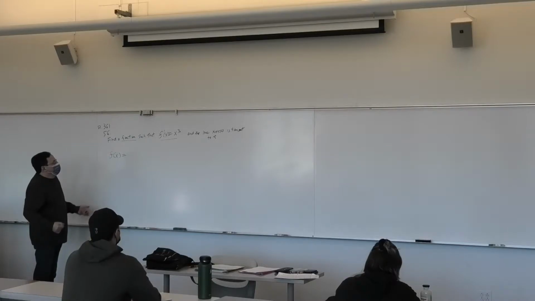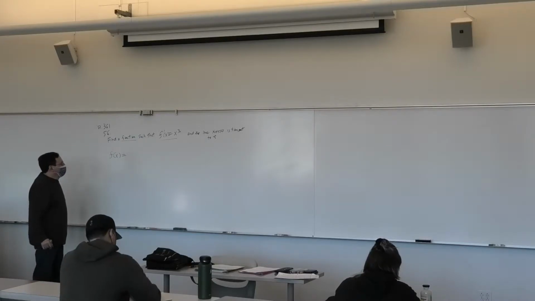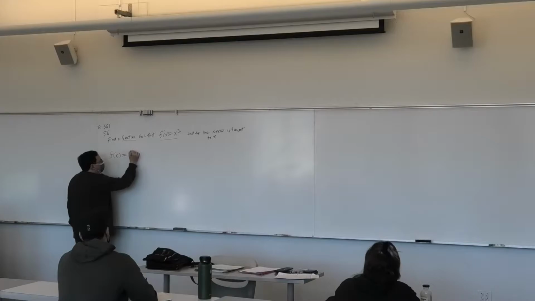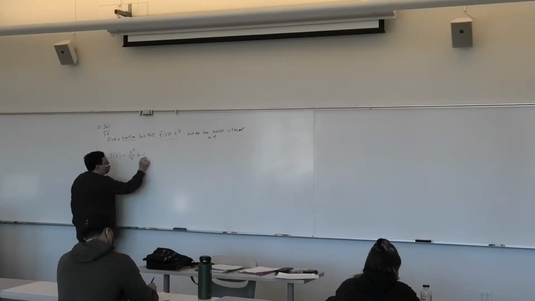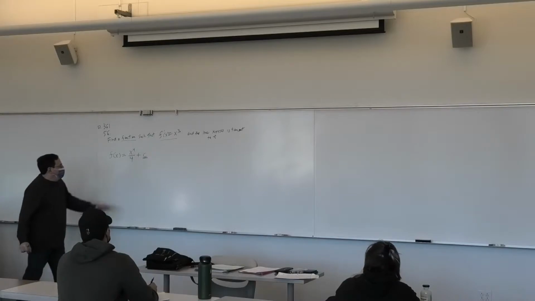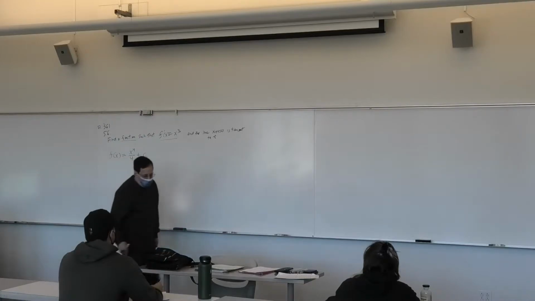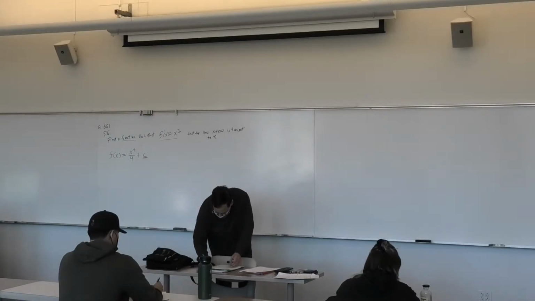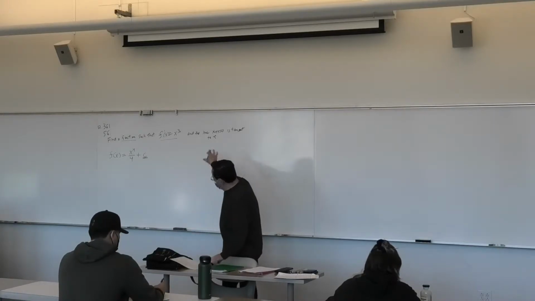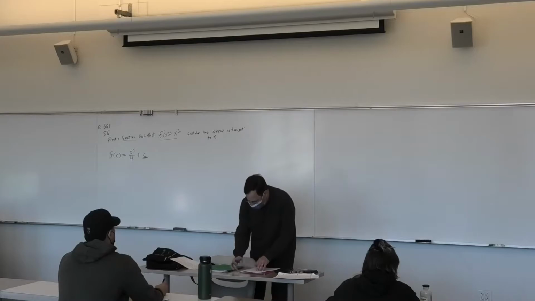Using the reverse power rule, this has to be x to the fourth over 4, but plus some constant, which is important. We have some flexibility in trying to fulfill the rest.